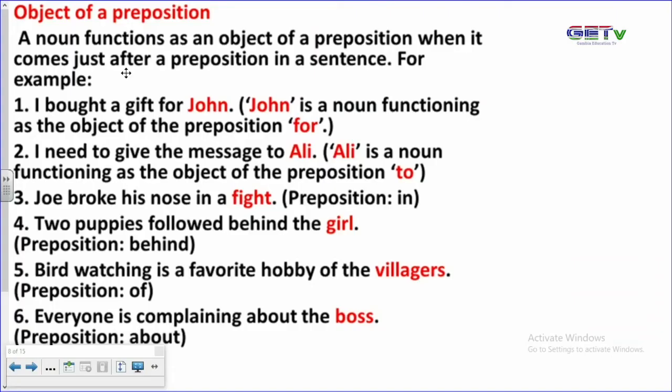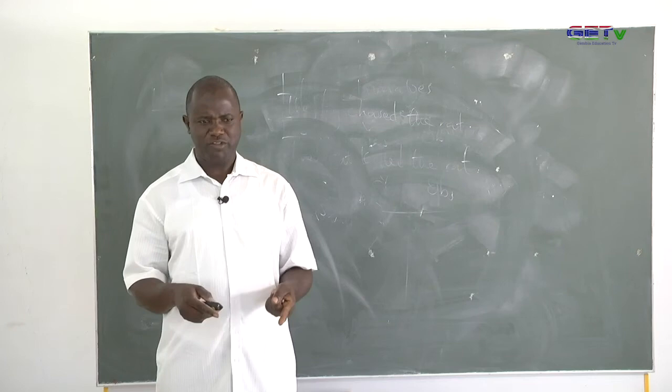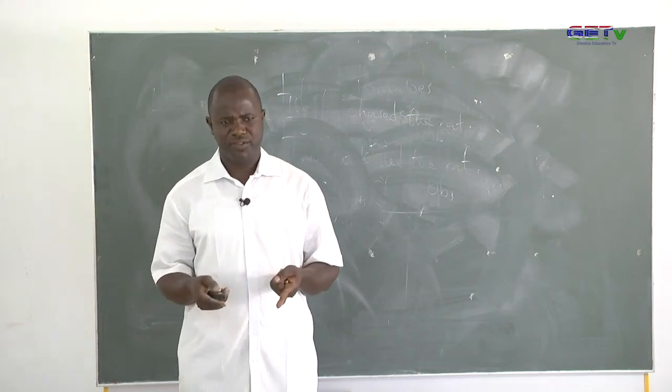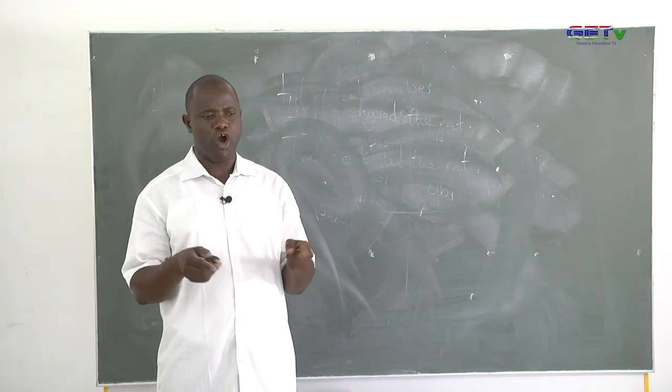Bird watching is my favorite hobby. It's a favorite hobby of the villagers. So here also the villagers function as object of a preposition because it came after the preposition of.